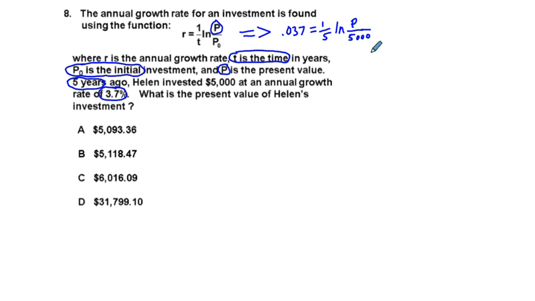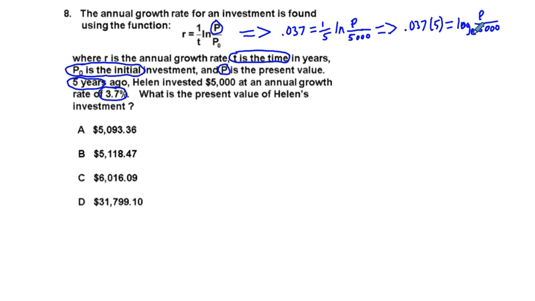But I'm going to go ahead and just continue to solve. We're going to multiply by 5. So we have 0.037 times 5 equals natural logarithm. I'm going to write this down as log base e of P over 5,000.